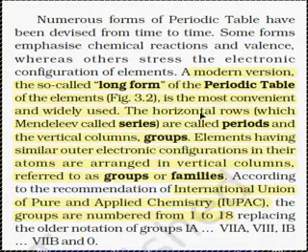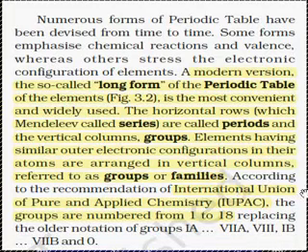The horizontal rows, which were called by Mendeleev as series, are called periods, and vertical columns are known as groups. Elements having similar outer electronic configurations in their atoms are arranged in vertical columns and are referred to as groups or families.